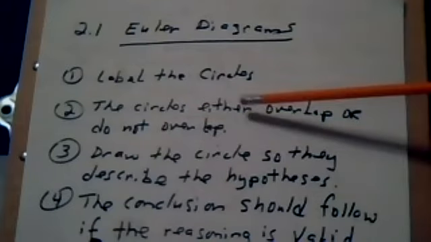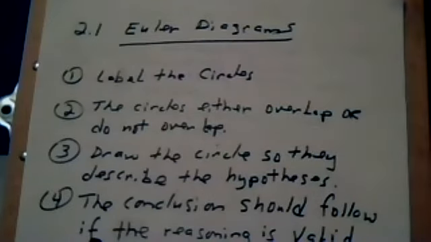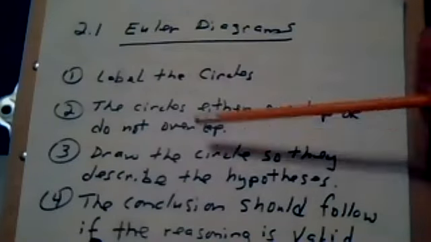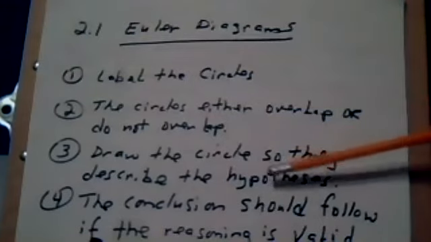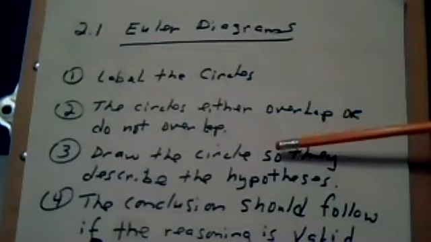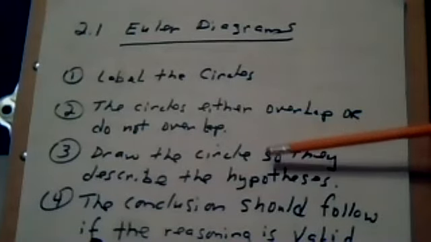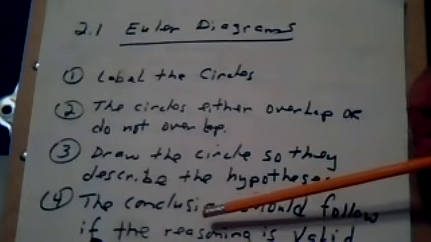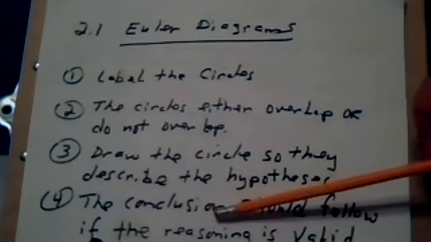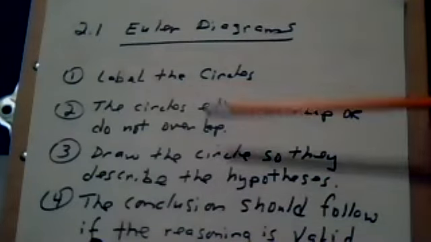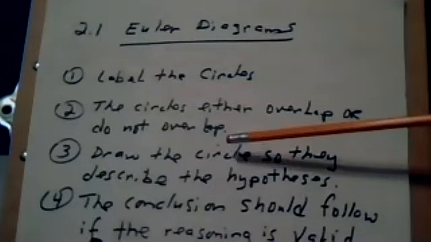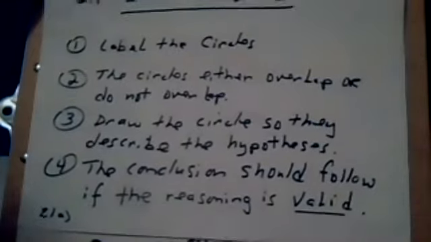The circles are either going to overlap or not overlap. Draw the circles so they describe the hypothesis. You don't draw circles for the conclusion. The conclusion should automatically follow from the hypothesis circles if the argument is in fact valid.